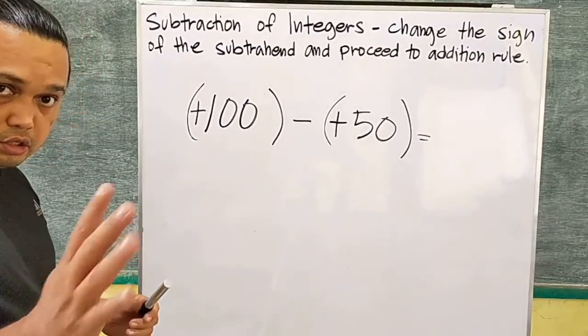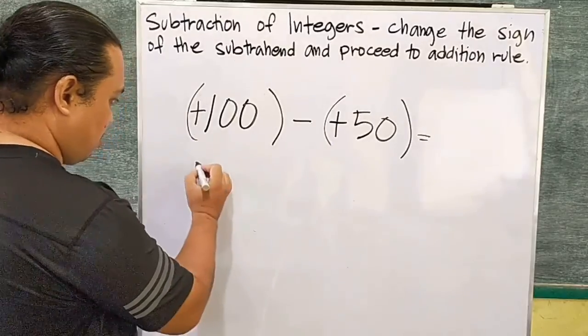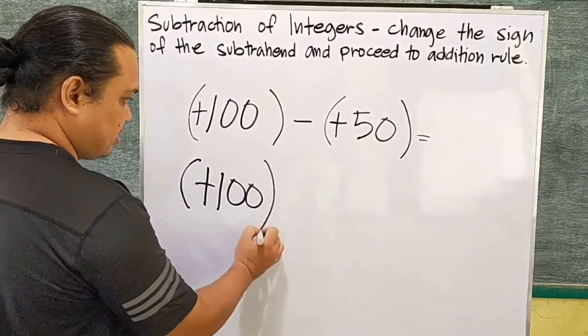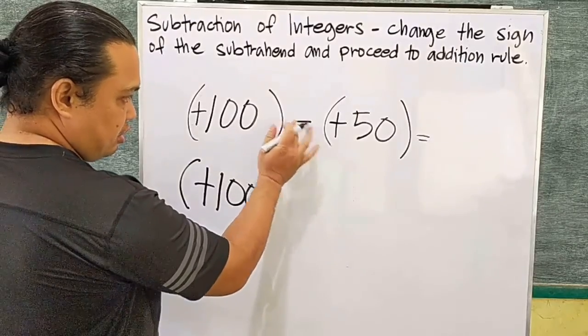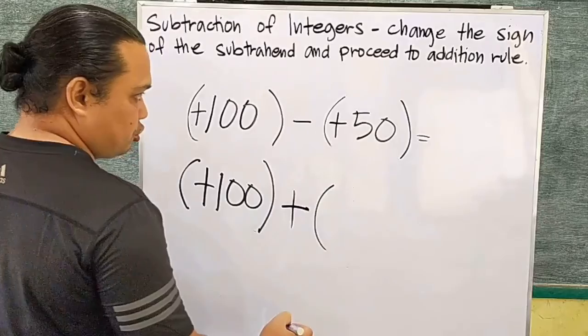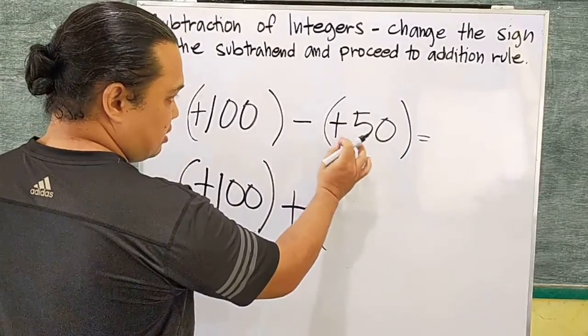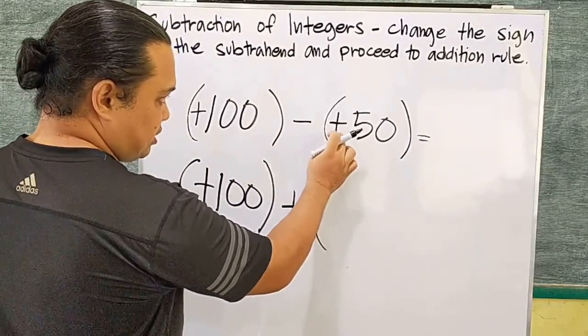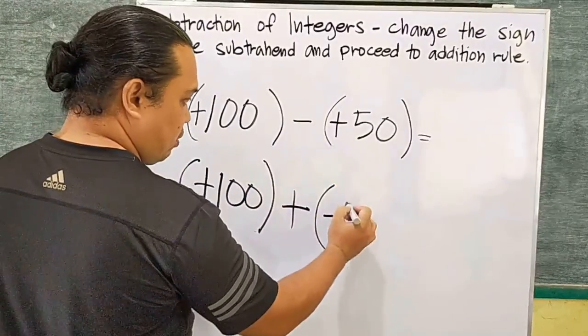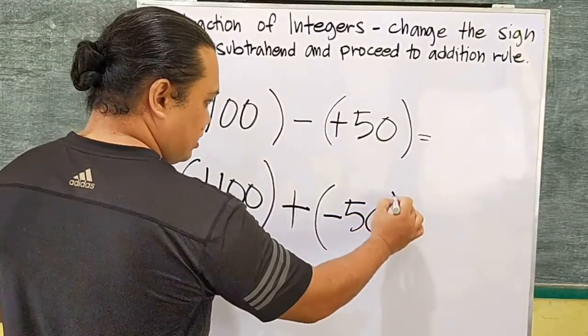Okay? So let's answer that. Let's copy first our minuend here, which is positive 100. And subtraction here will become addition. But be sure to change the sign of the subtrahend, from positive, the opposite is negative. Copy our subtrahend here, which is 50.